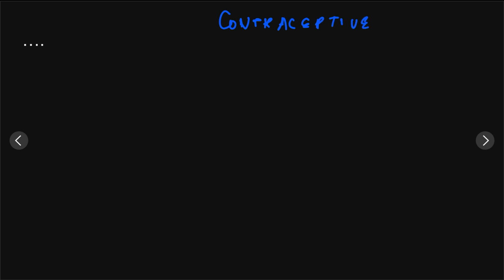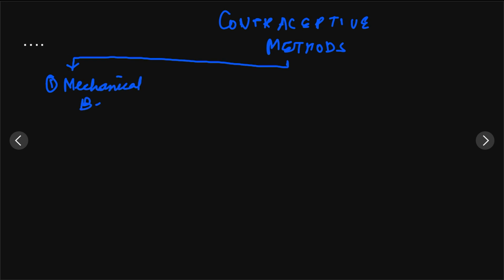So contraceptive methods, basically we divide them as mechanical barriers, then we have the chemical methods.